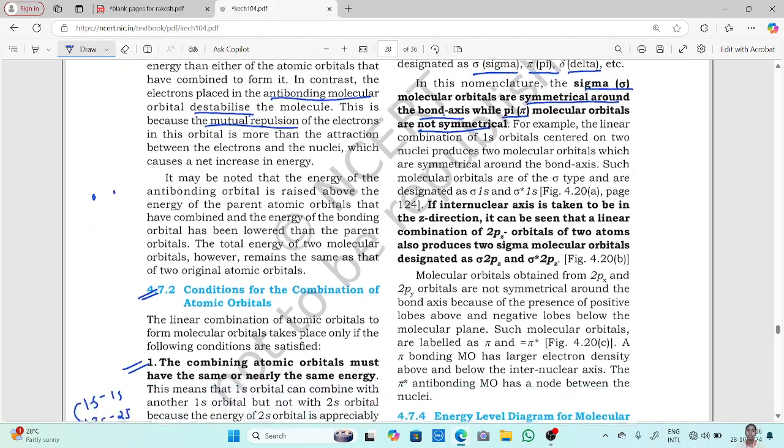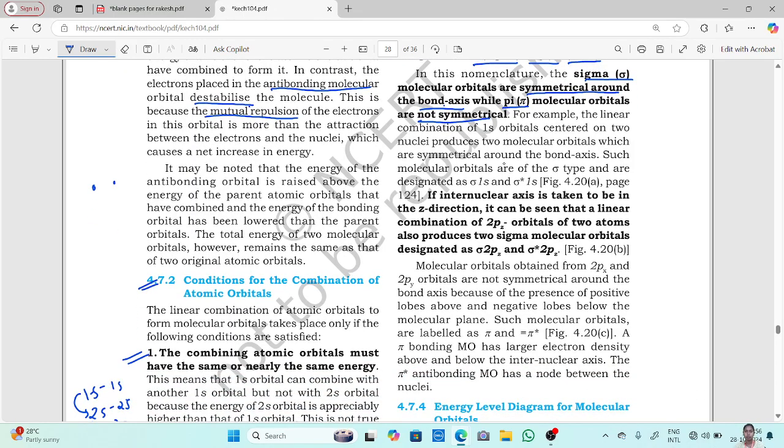Okay, for example, the linear combination of 1s orbitals, okay, centered on two nuclei produces two molecular orbitals which are symmetrical around the bond axis. Now, for example, if you combine 1s orbitals, since both of them are same, you will form a symmetrical bond around the axis.